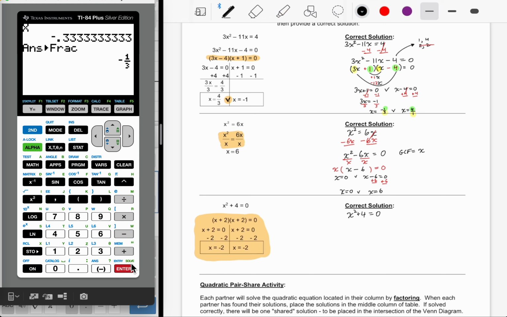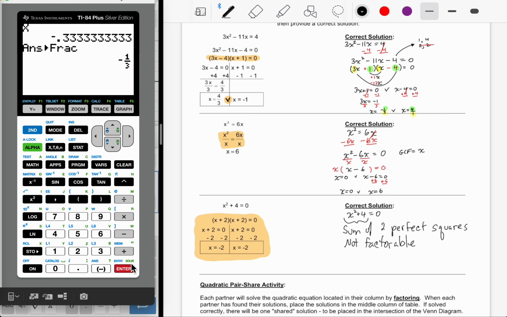And that's because x squared plus 4, poor quality squiggly bracket there, is a sum of two perfect squares. It's not factorable, except for the trivial case, where you can factor out a 1. That doesn't really help.